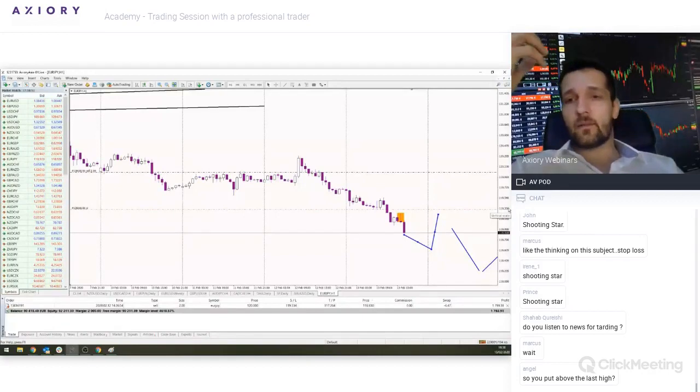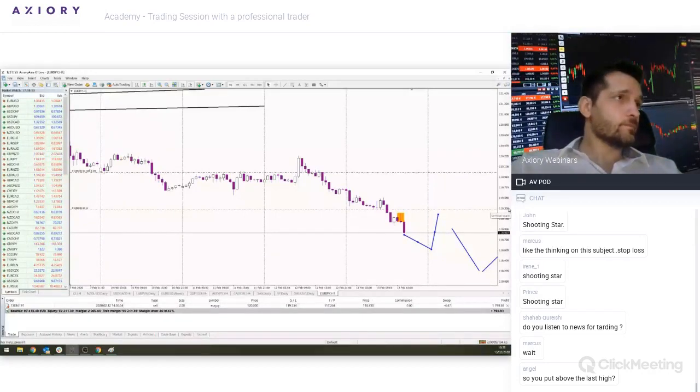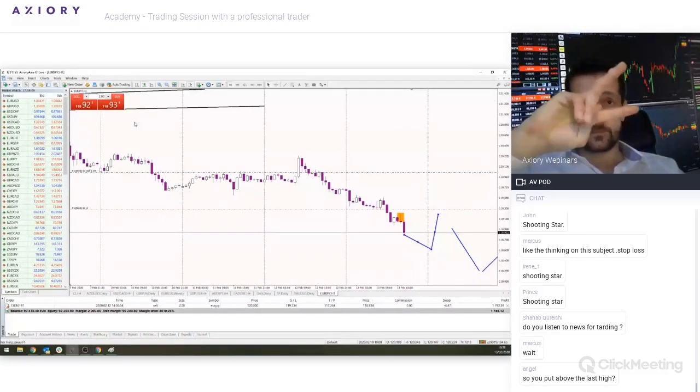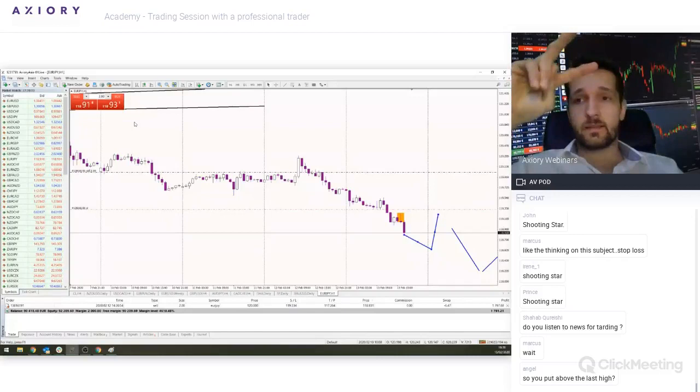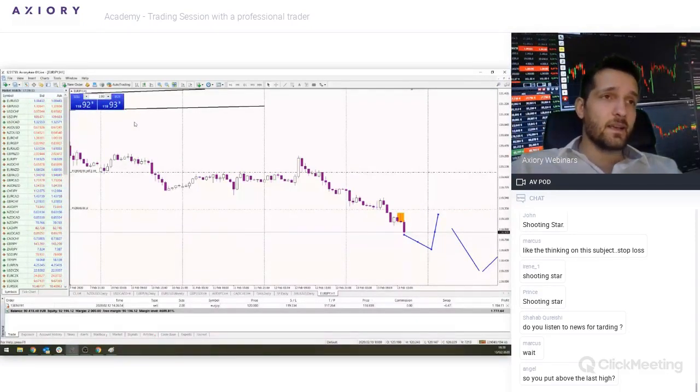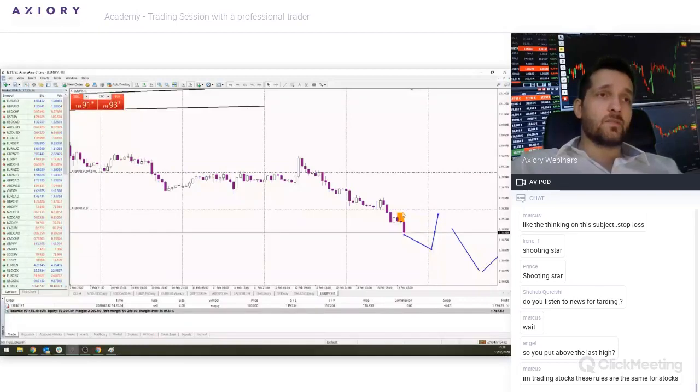When you sell and buy, you have two different prices. You sell with bid and you buy with ask. I already sold with bid. So if I sold with bid, I'm gonna close with ask. So you need to make space here, first of all, for testing this level again.